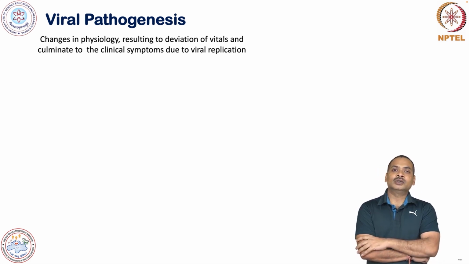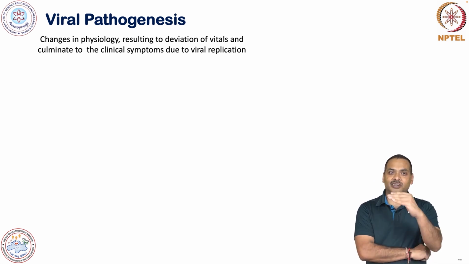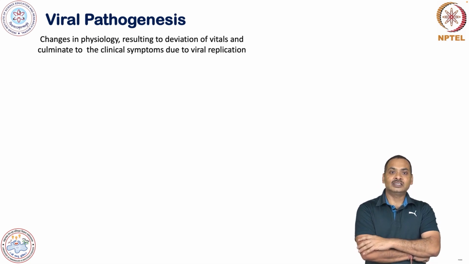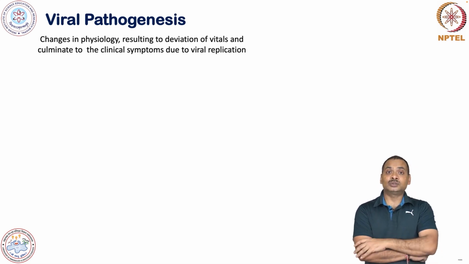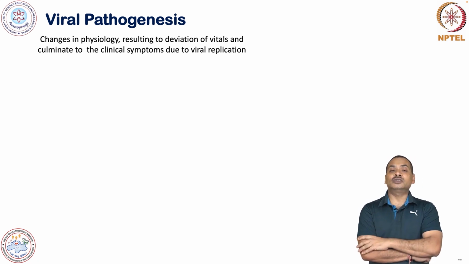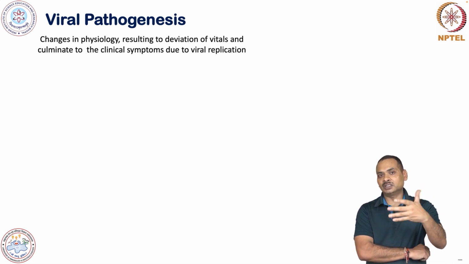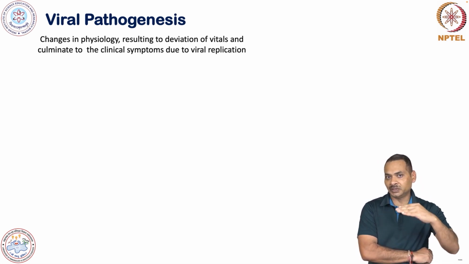This is where the problem arises, and then we start defining it as a disease. When they change the physiology, that results in deviation of vitals, because the replication is so much that they are changing the physiological parameters, the vital parameters.